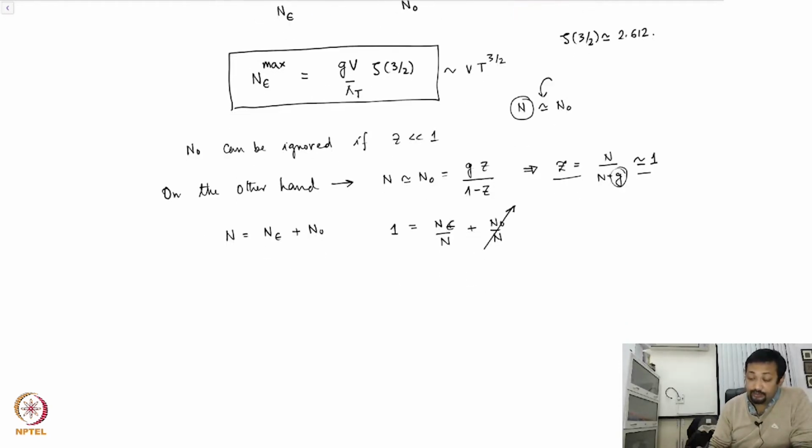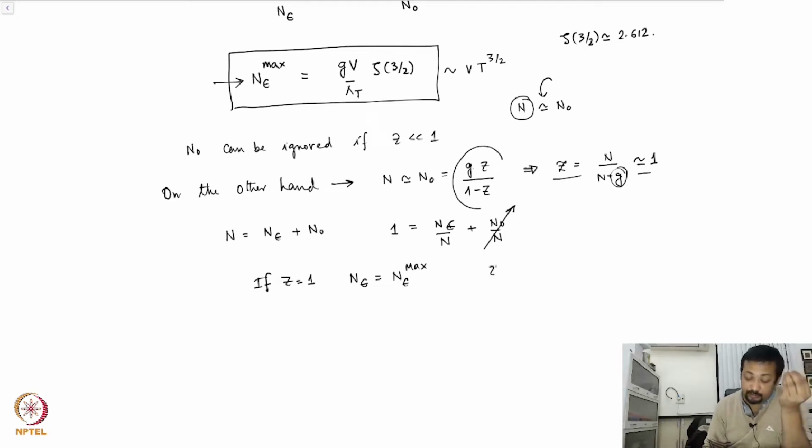In contrast, whenever you have populated all the excited levels, there's a limit, this epsilon max you have reached, you start populating the ground state. That's when Z is equal to 1 and N epsilon is equal to N epsilon max, then you have populated all your excited energy levels.